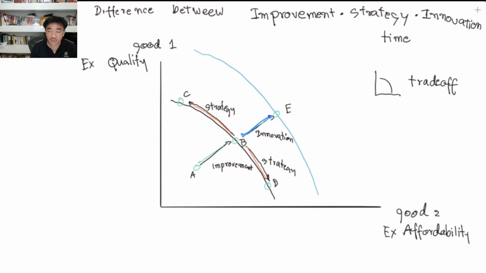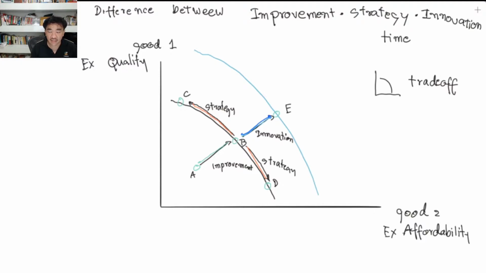But these two have something in economics called a trade-off, meaning that if you want very high quality, the price will be expensive, so you will produce less affordability.